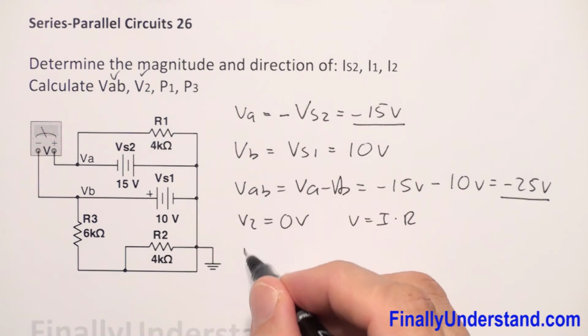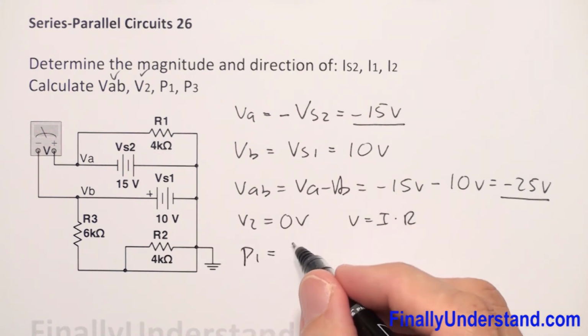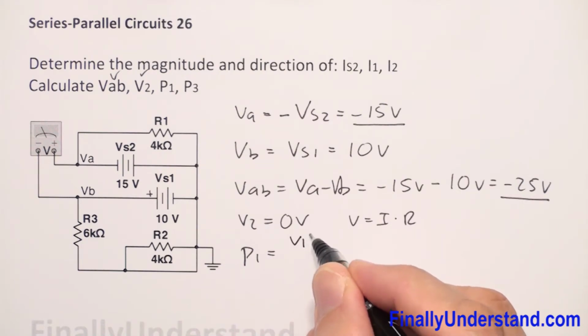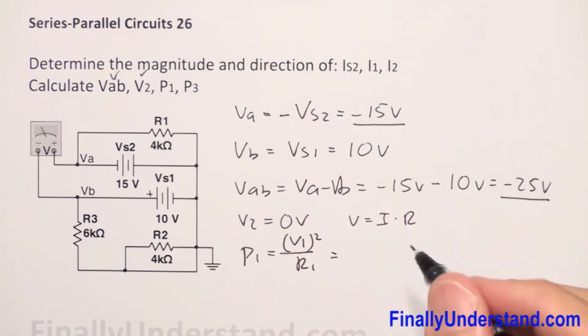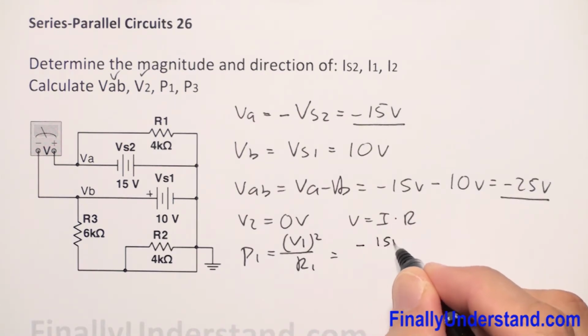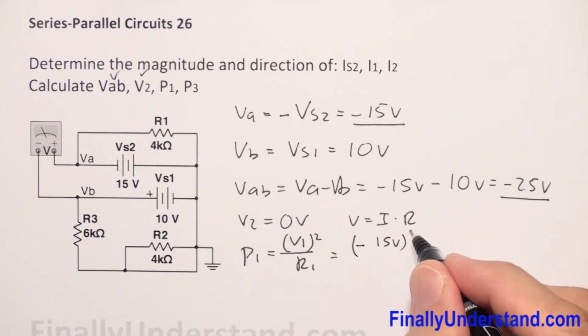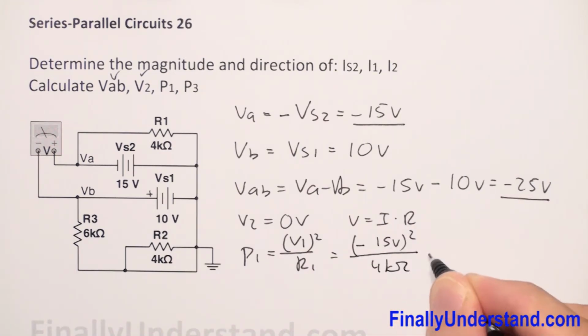So P1 is equal to V1 squared over R1, where V1 is equal, in this case, to negative 15 volts to the second power over R1, which is equal to 4 kilo ohms.